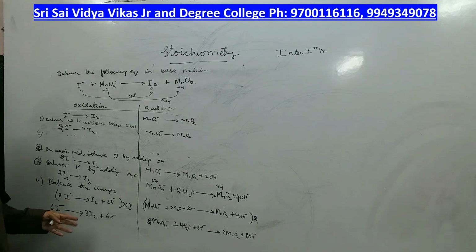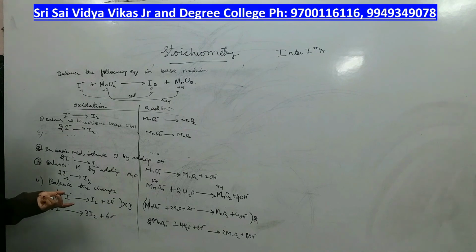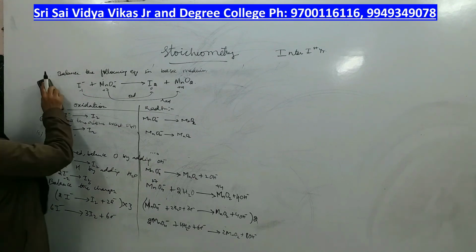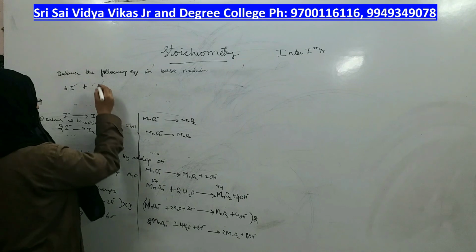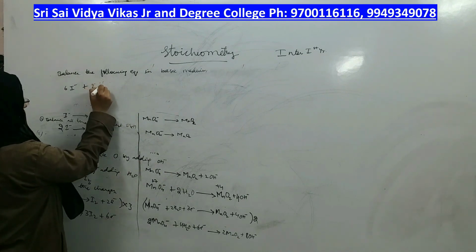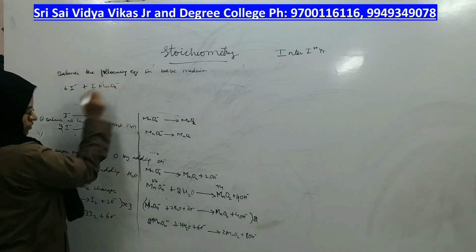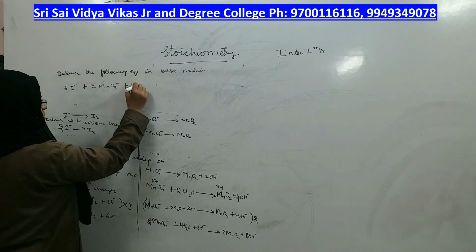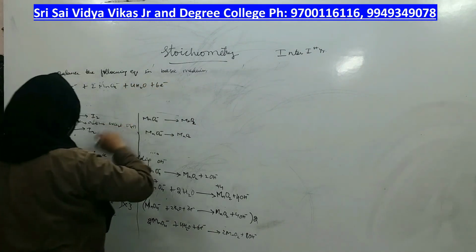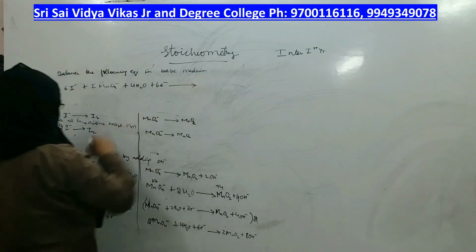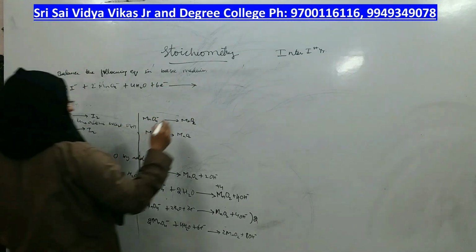The next step is combining both the equations. After adding them and cancelling out the similar terms, you will get the final equation. 6 iodide, and then coming to the left side, 2 MnO4 minus plus 4 water plus 6 electrons, arrow mark, then all the right hand side terms.